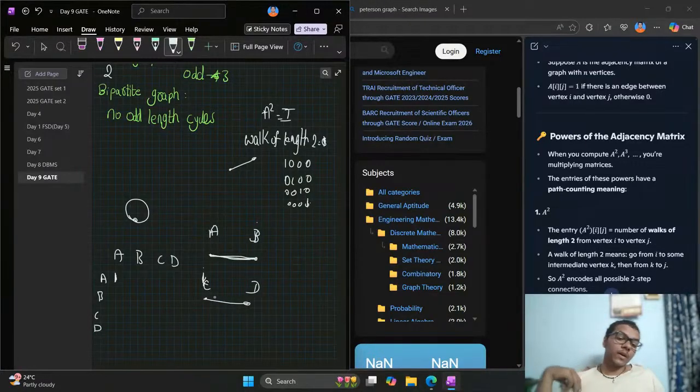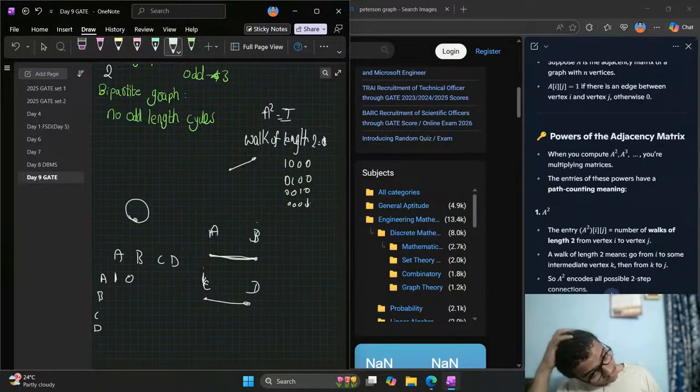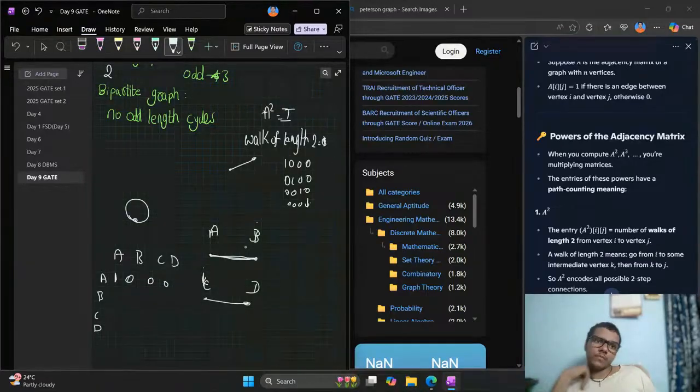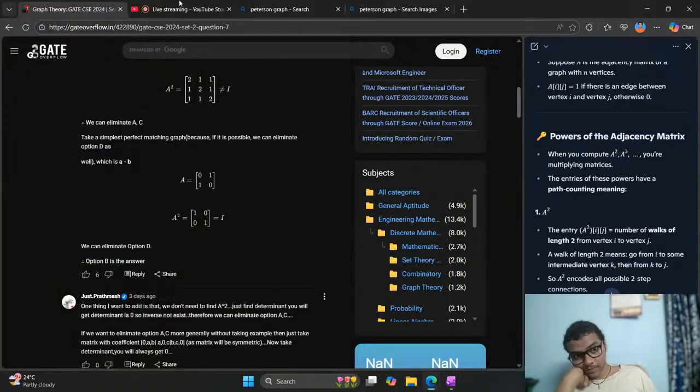Okay, the two-step walk. From A to B, the length of two walk, no, there is 1 or there is 3. But there is no 2. So that is 0. From A to C, there is no path. A to D. Wow, you got it.